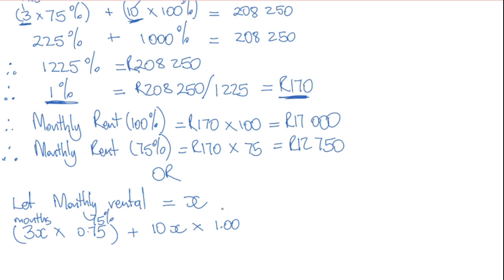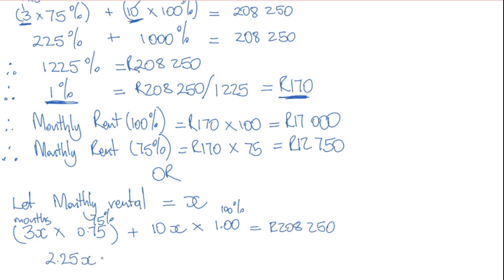The x is for the monthly rental that we are looking for, and multiplied by 1 because 100% is 1. If 75% is 0.75, 100% is going to be 1. All this equals to 208,250 rands.